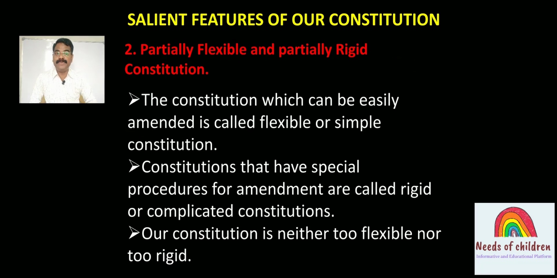And the second one, partially flexible and partially rigid constitution. The constitution which can be easily amended is called a flexible or simple constitution. Constitutions that have special procedures for the amendment are called rigid or complicated constitutions.